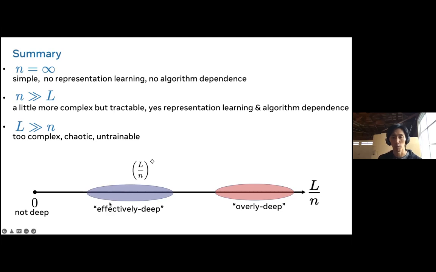There's an effectively deep regime where practical networks operate. And if you take this ratio to be too large, then there's an overly deep regime. Theoretically, what happens is that there's too much instantiation to instantiation fluctuation, so I think that's why it doesn't train well. There's a residual thing to push this scale further, but I'm not gonna say anything about that.